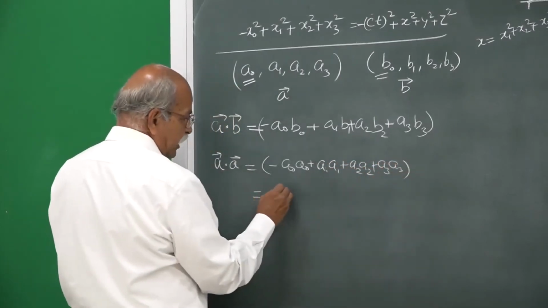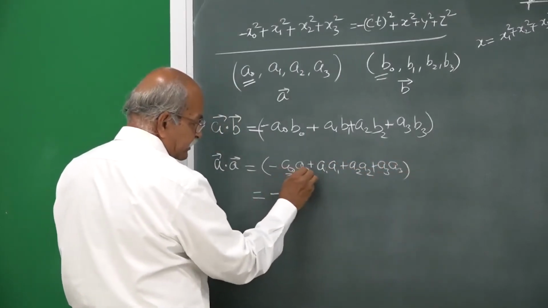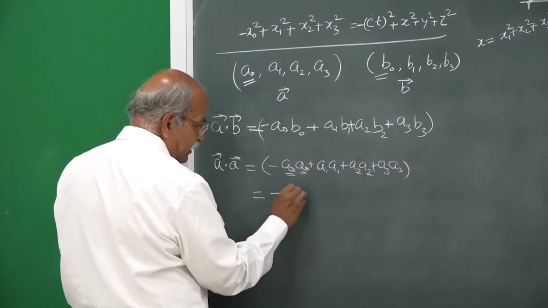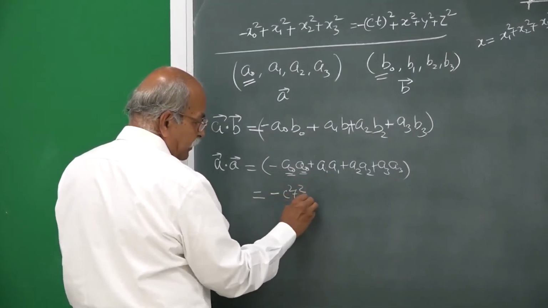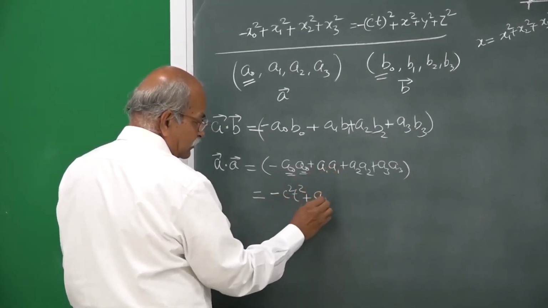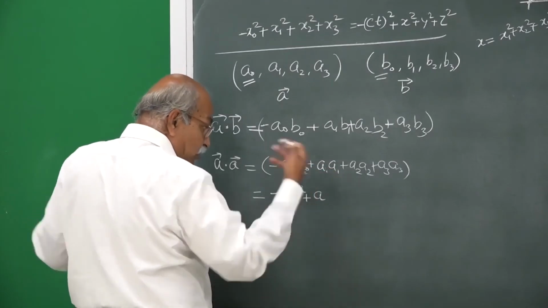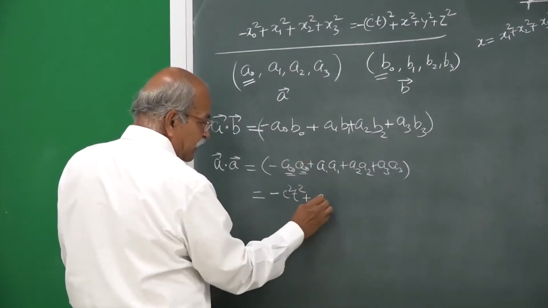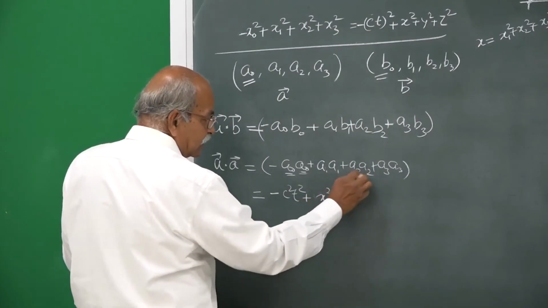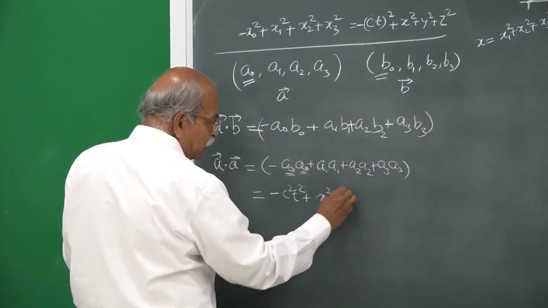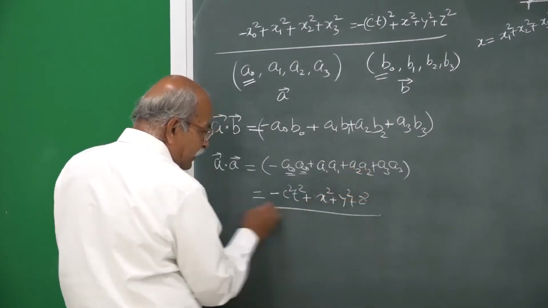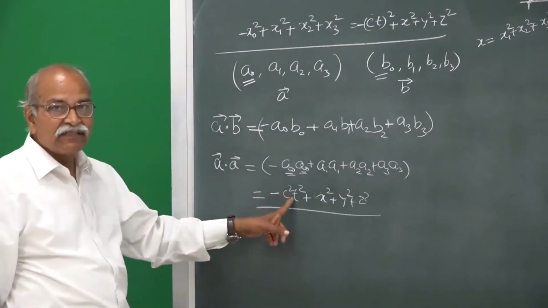That is minus c square t square plus x square, plus y square, plus z square, and this quantity will not change.